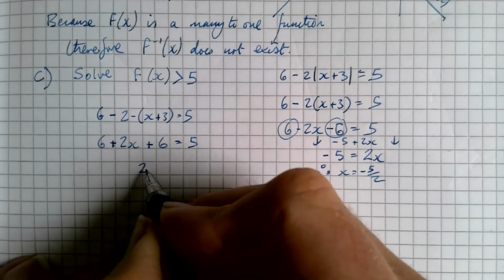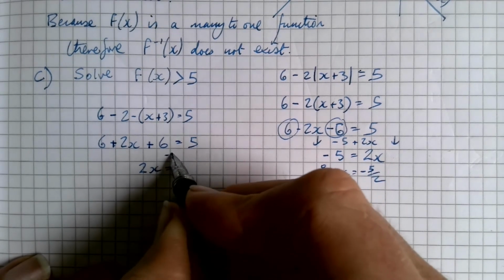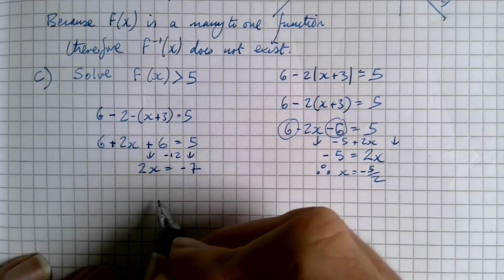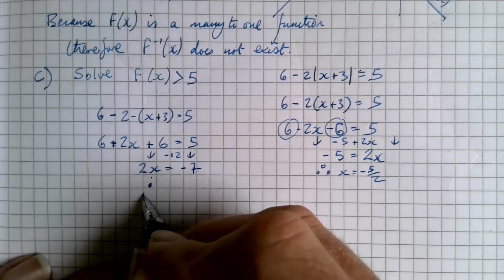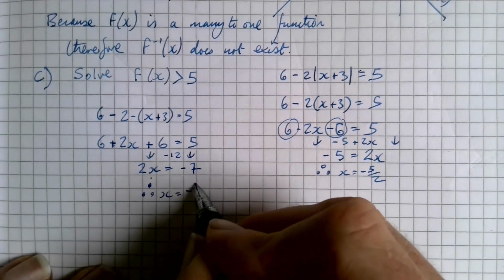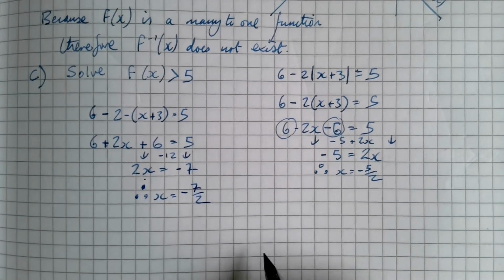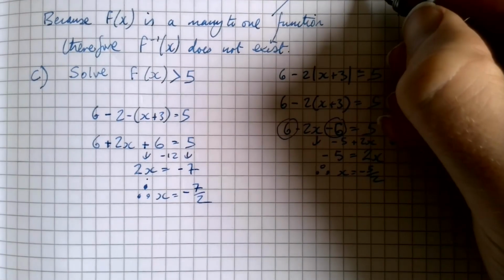So I'm going to get 2x is 5 take 12, both sides is negative 7, divide by 2, and therefore we get x is negative 7 over 2. So that means we're talking about negative 3.5 and negative 2.5.